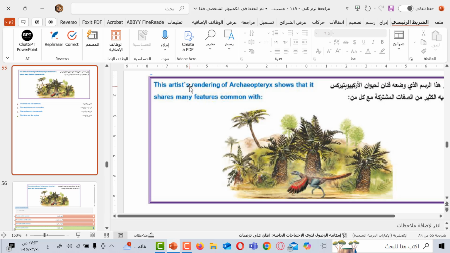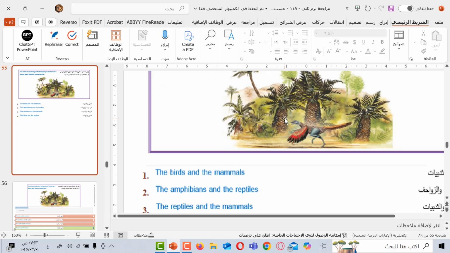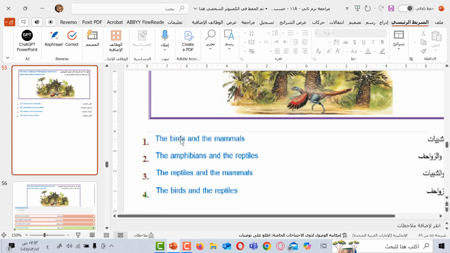The question is: an artist's rendering of Archaeopteryx shows that it shares many features in common with. Number 1, the bird and the mammoth? The mammoth is the ancestor of the elephant.